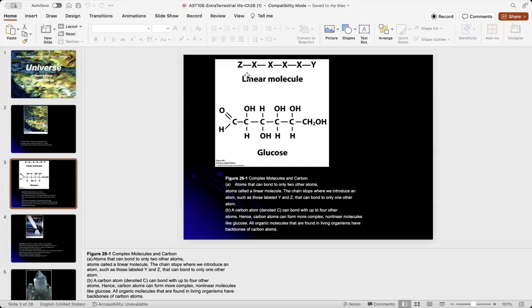There's only one other atom which has similar properties of making four bonds, and that is silicon. So there is some hope that one day we might find a silicon-based life form. However, we have not found one yet.